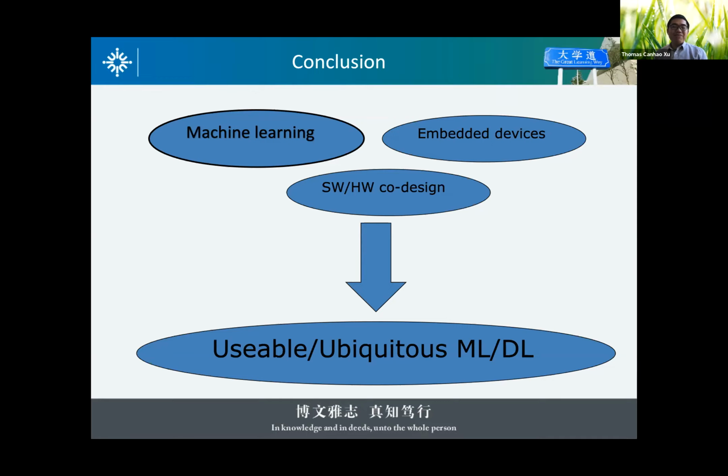In this case, you have to think not only about the algorithm and the accuracy, but about the so-called software and hardware co-design. Put everything together and you have usable, ubiquitous machine learning and deep learning. That's what I think we have to do in the future.